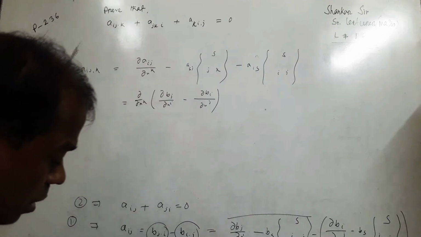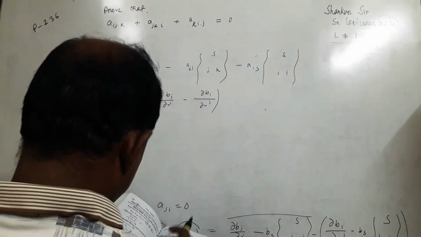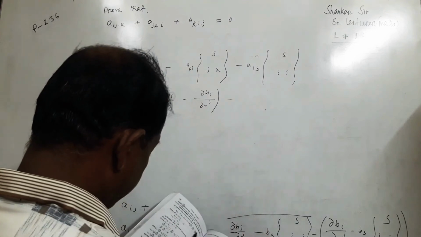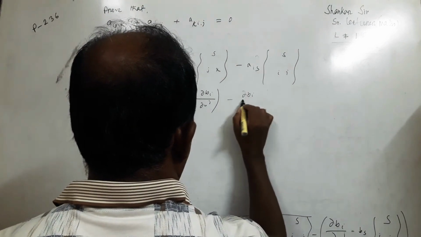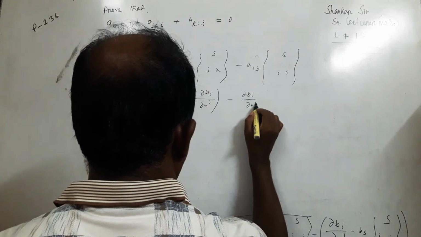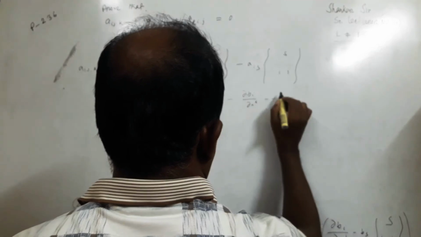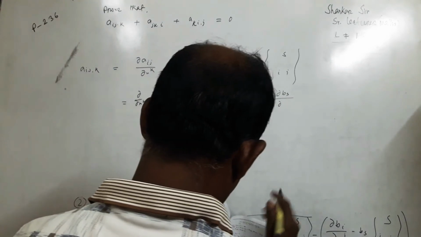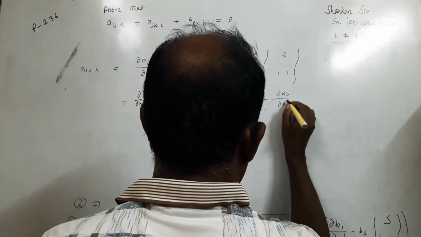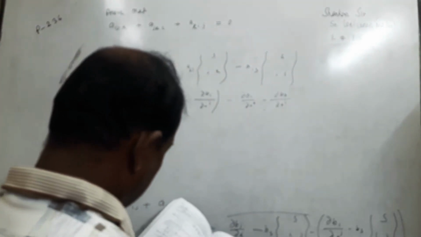It's also aij, and minus del bi divided by del xs, minus del bs divided by del xj.